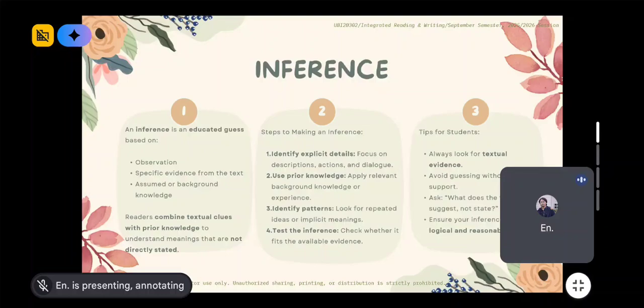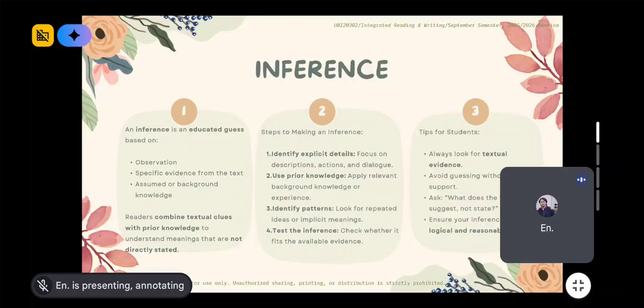All right, steps to making an inference: we need to identify the explicit details, focusing on descriptions, actions, and dialogue. Use prior knowledge and apply relevant background knowledge or experience. When you read something, of course, it will be related to something that you have done before. Then identify the patterns.